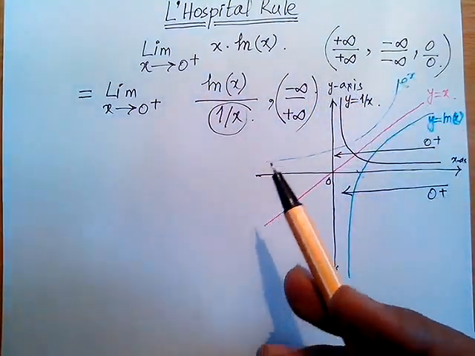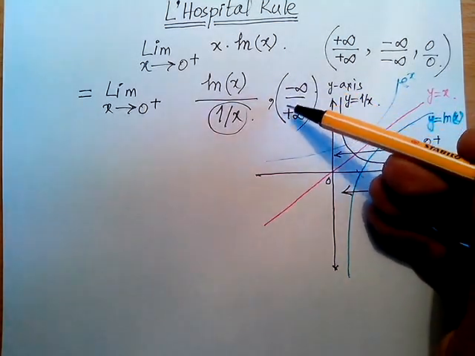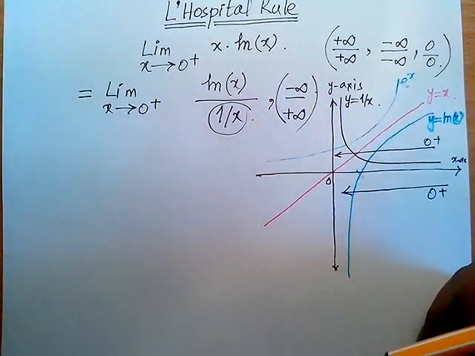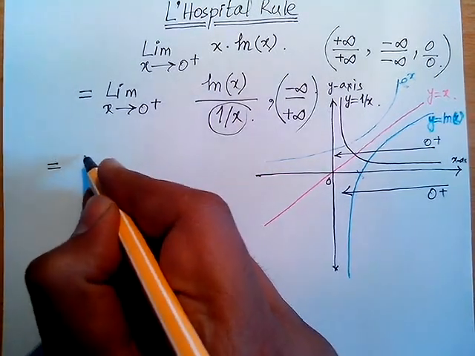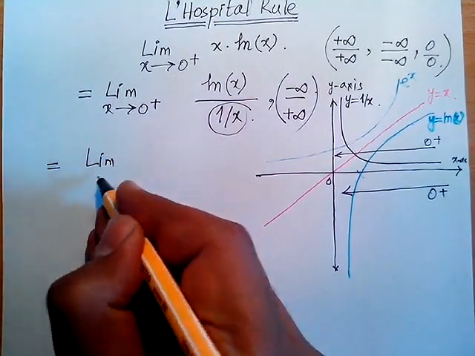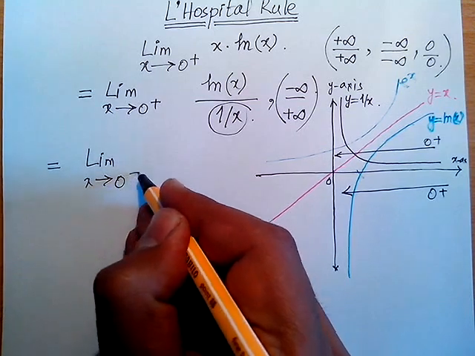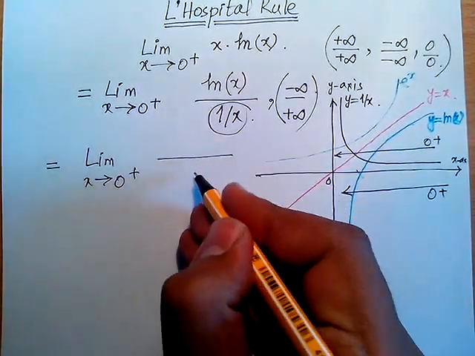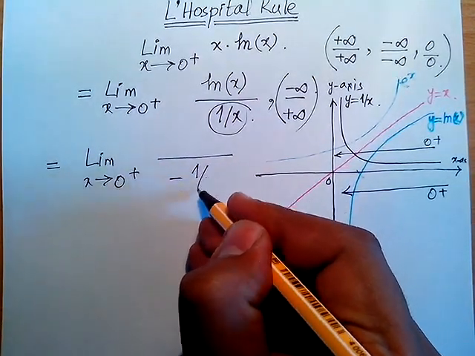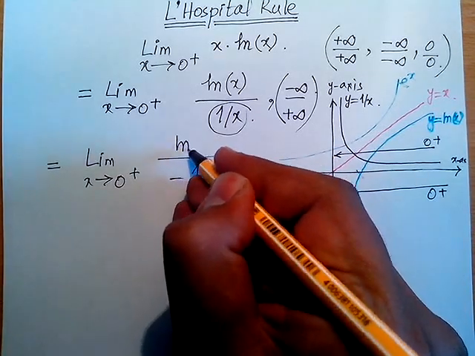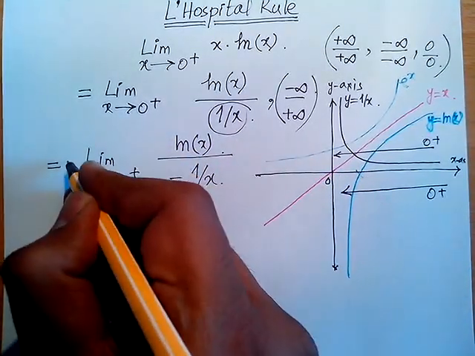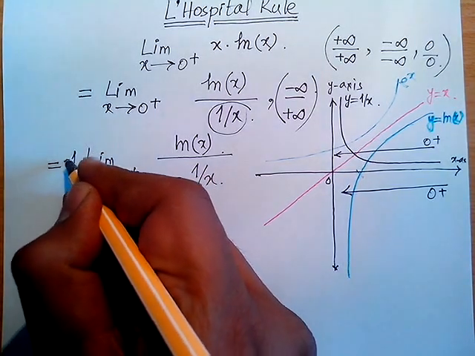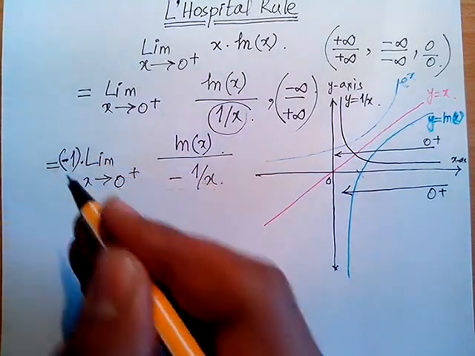Unfortunately, we cannot apply the L'Hopital rule here because these signs have to be the same. So the trick is that we multiply the denominator by a negative sign. We can do it. Since we are multiplying here, we have to multiply outside, so this is minus 1.